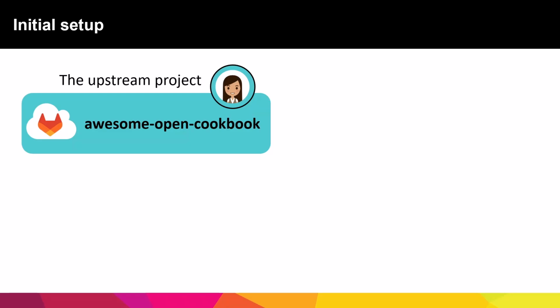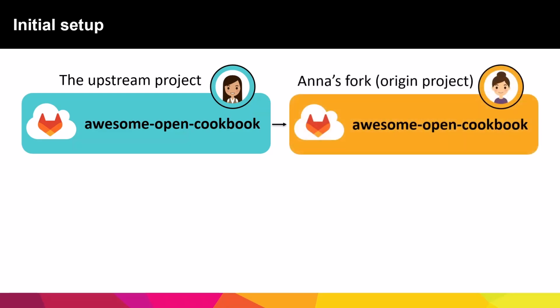What Anna would need to do is create a fork of the awesome open source cookbook to her personal GitLab namespace. So basically, she's making a complete copy of the cookbook that she is keeping in her own personal repository. That means she'll have a copy of all the repository's files stored in her personal GitLab space in the cloud.